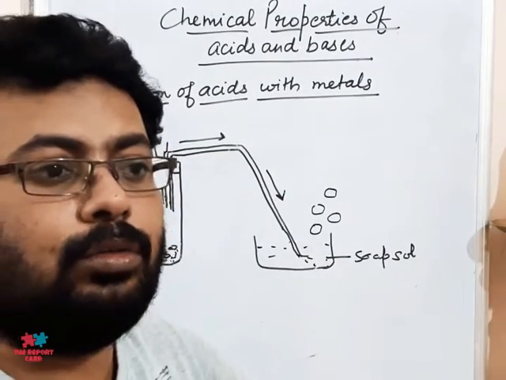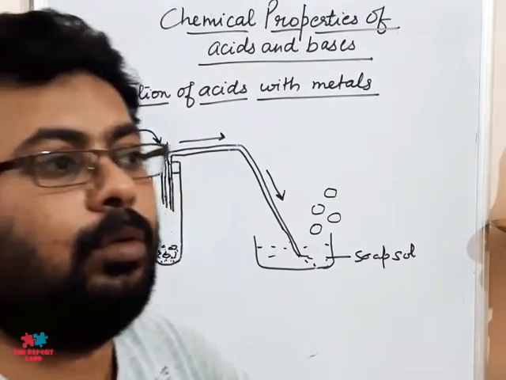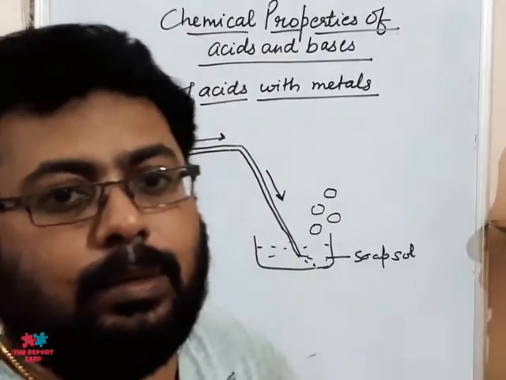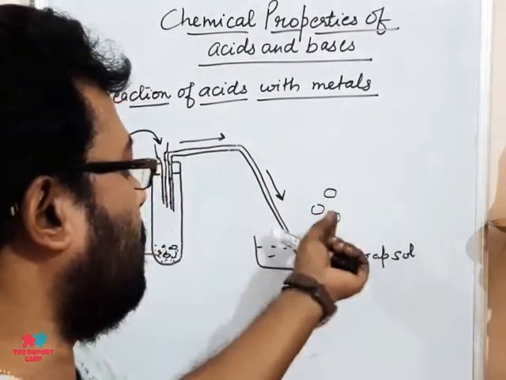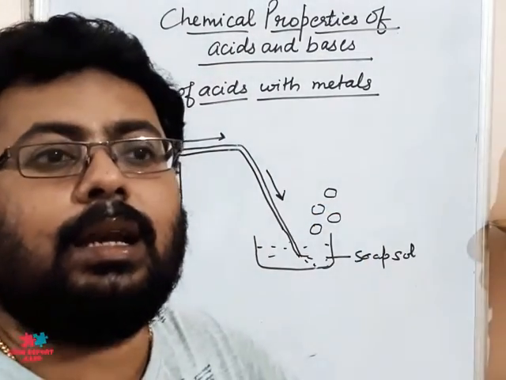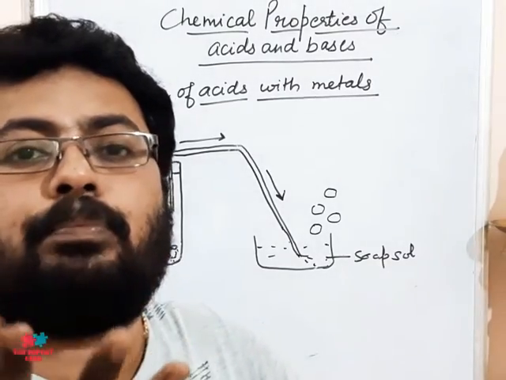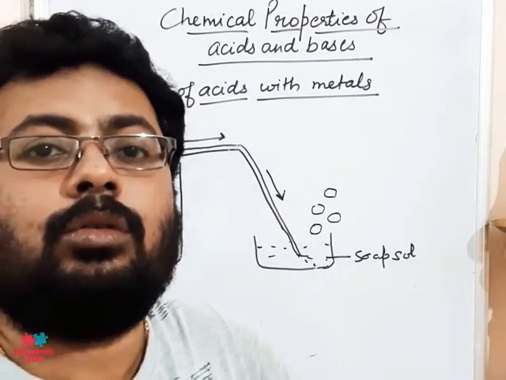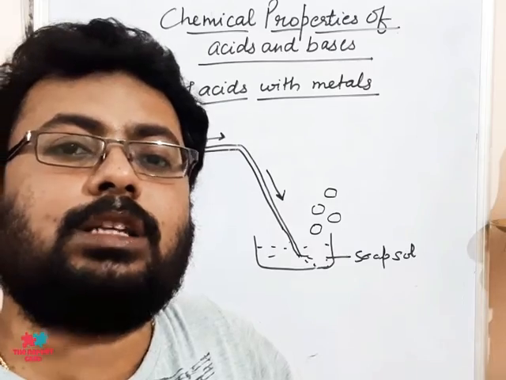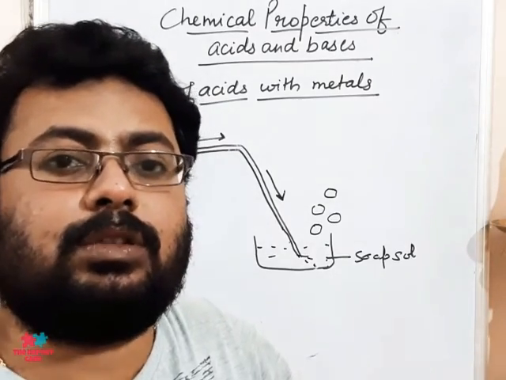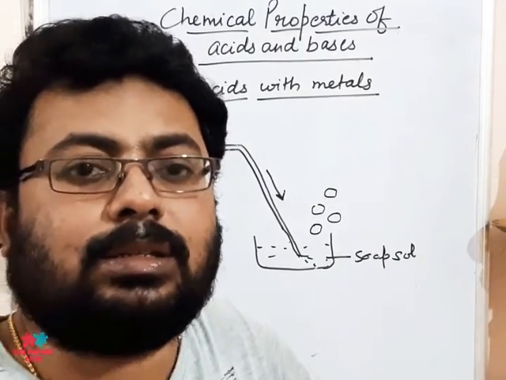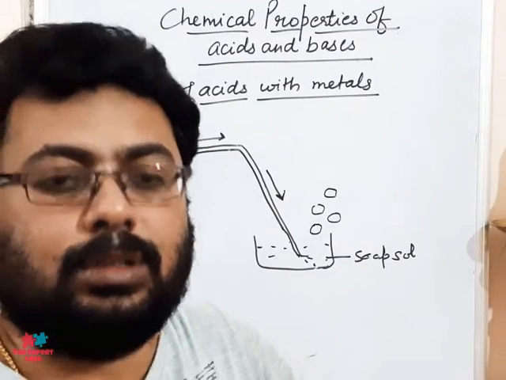Now you need to bring a burning splinter towards these bubbles, and it will extinguish with a pop sound. Whenever a burning splinter extinguishes with a pop sound, it means that the gas is hydrogen.